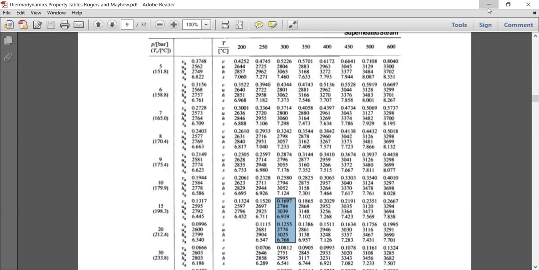Do you need the steam table? Yes, sir. That one also you need. Let me add the steam table also.